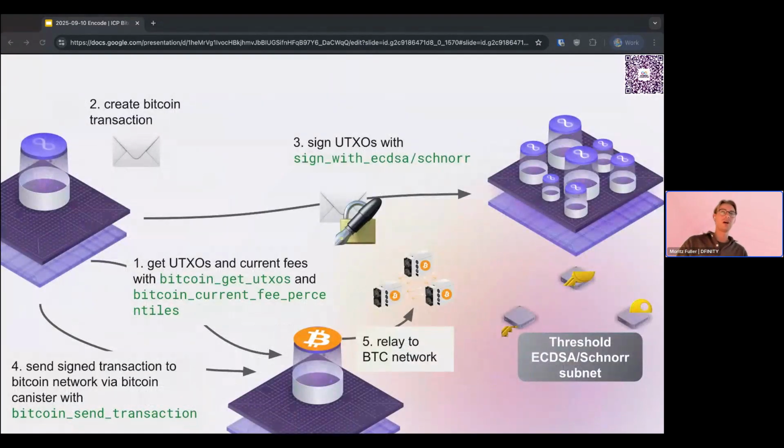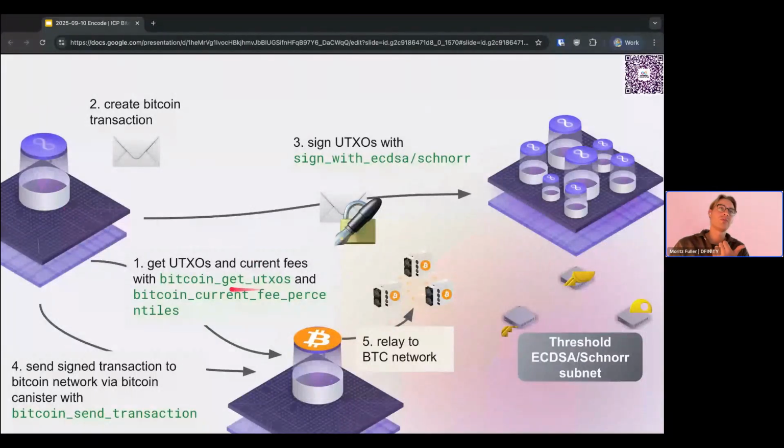So now that we know reading and writing and we know creating signatures, let's look at a full theoretical flow that a canister developer could implement. It would start by learning about the UTXOs that this canister owns or controls and can create transactions with, right?